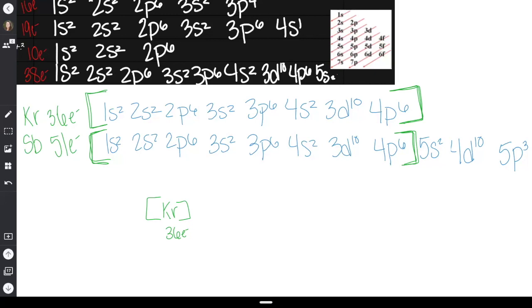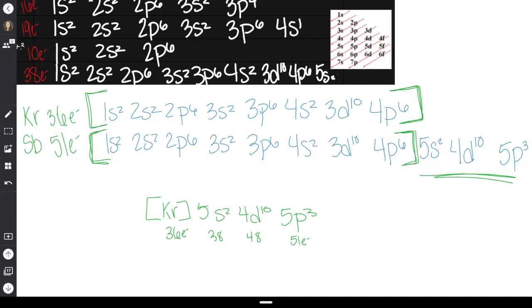And then after krypton, we just add on 5s2, 4d10, and 5p3 in order to place the remaining electrons. So here's 38, 48, 51 electrons, and we're done.